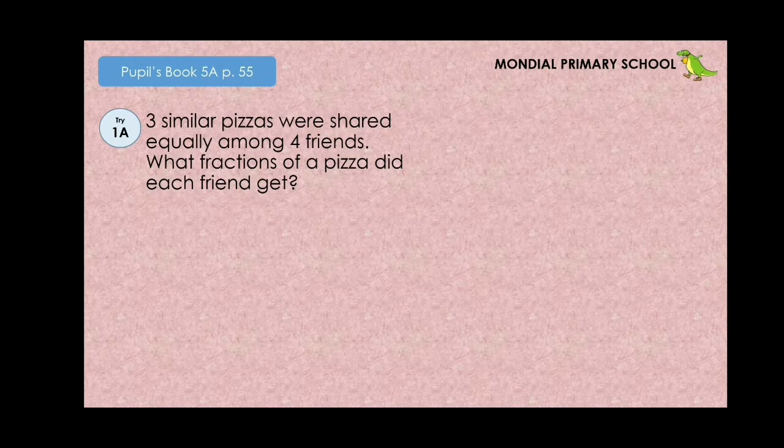Okay, 3 similar pizzas were shared equally among 4 friends would mean 3 divided by 4. You had 3 pizzas and you share your pizza equally with 4 friends.